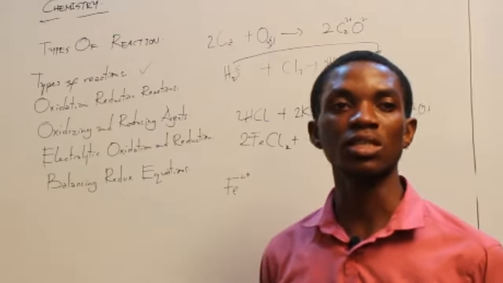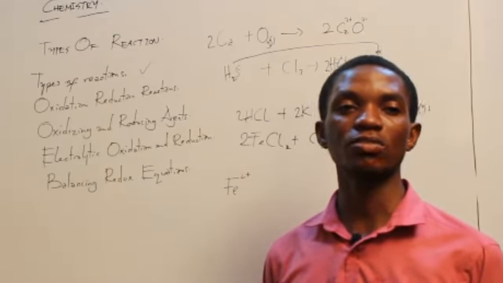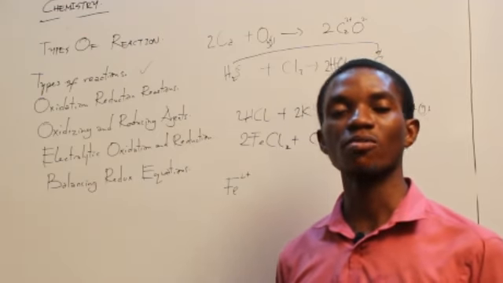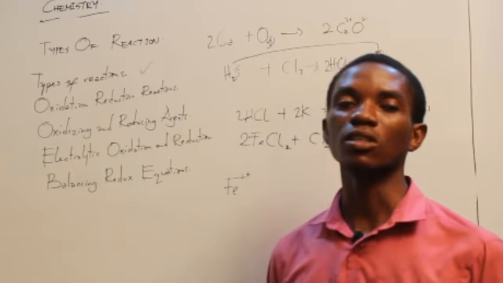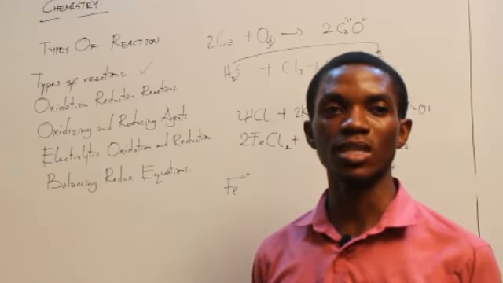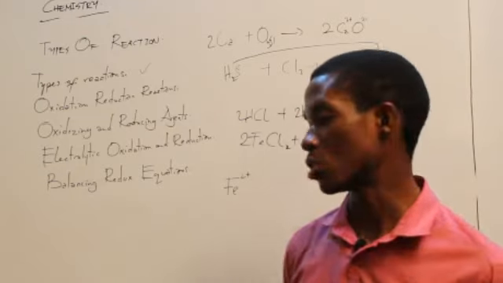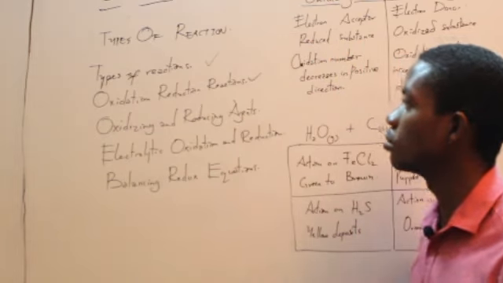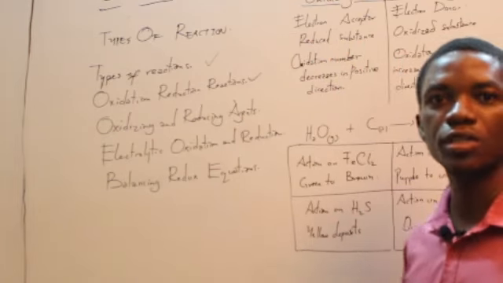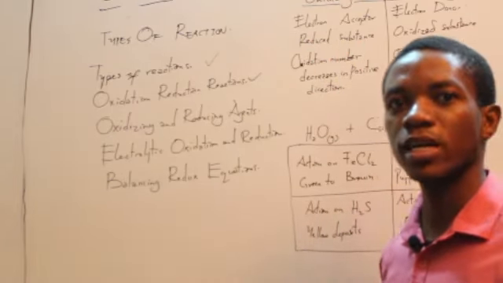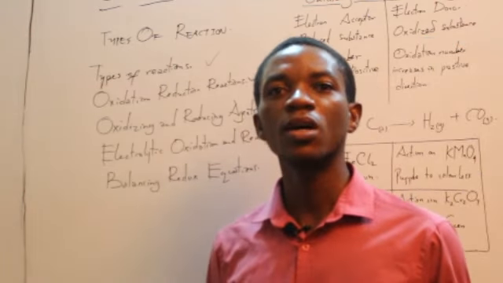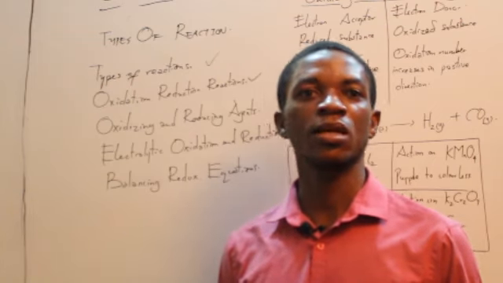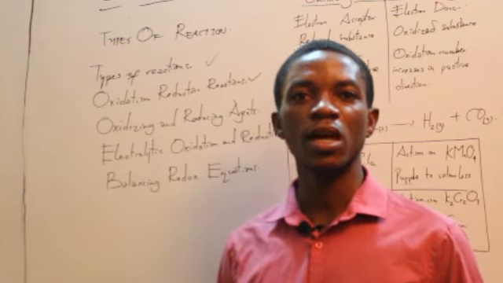An oxidizing agent will increase the positiveness of the other element or the other substance, while a reducing agent will reduce the plusness or addition of the other substance. So when we're considering oxidizing and reducing agents, we earlier defined an oxidizing agent as a substance which accepts electrons, and a reducing agent as a substance which gives away electrons.